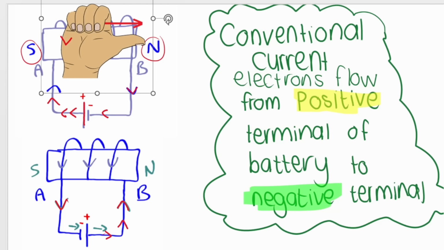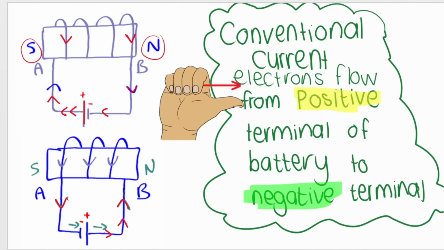Down the front, look at your fingernails, the arrowheads. Down the front, that makes sense, to the negative terminal, from the positive terminal, up around the back. So it's going up along the back.